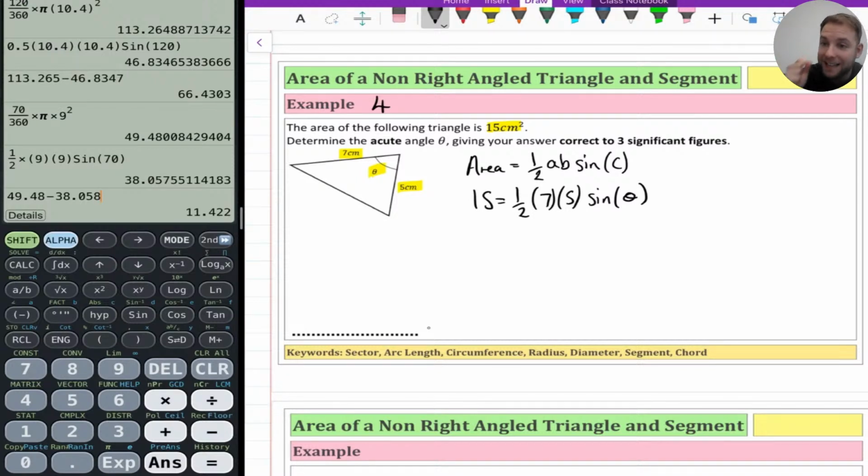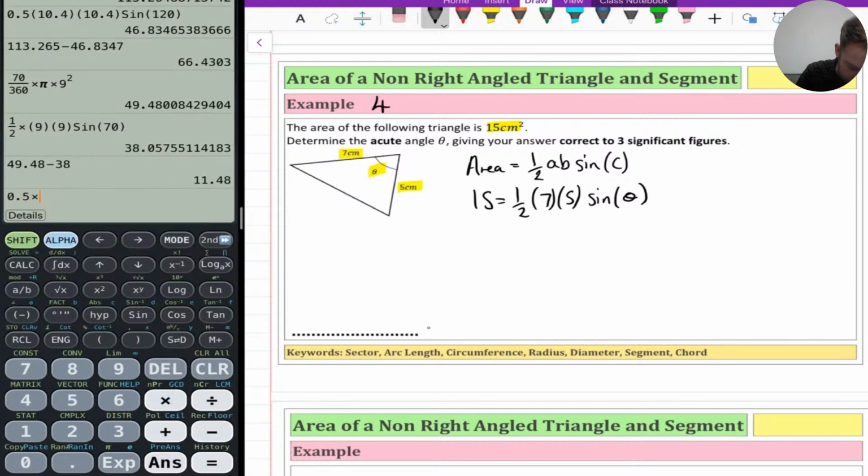The part that I can simplify is the 1/2, 7 and 5, because we know that 0.5 times 7 times 5 is equal to 17.5. So I can simplify this part here, because that is a number. So 15 is equal to 17.5 sine of theta.